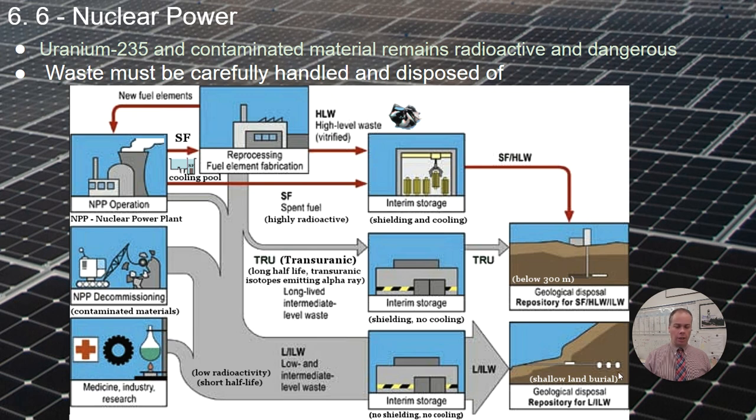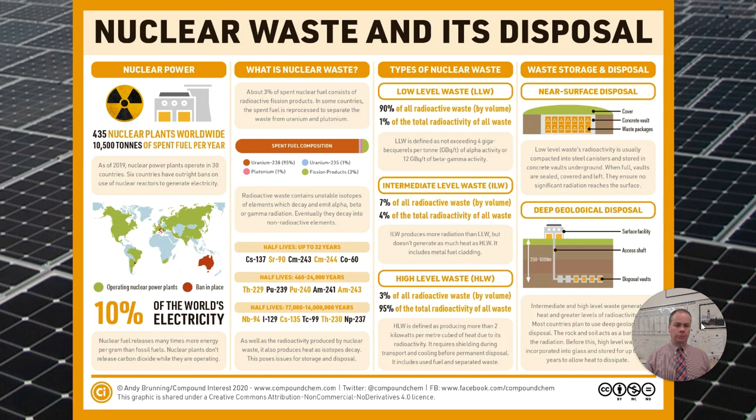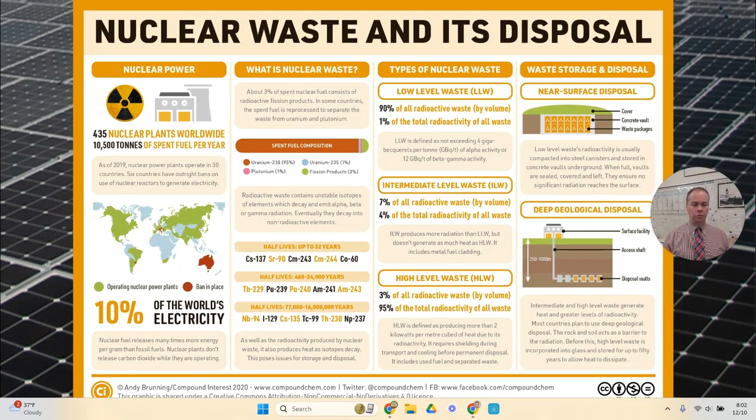Oftentimes they're stored underground in some way. Sometimes these high-level wastes can be stored deep underground to prevent any exposure. The low-level wastes are typically buried as well, but at a lower level. And we'll talk about some examples of what some potential solutions to that might be.